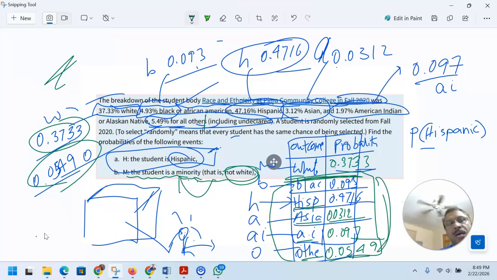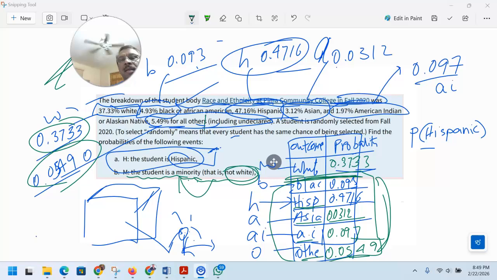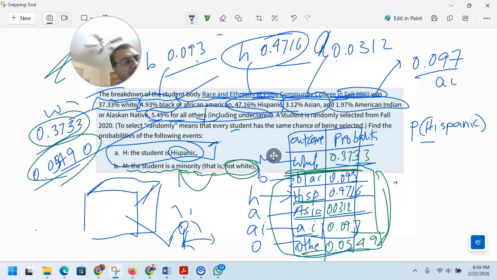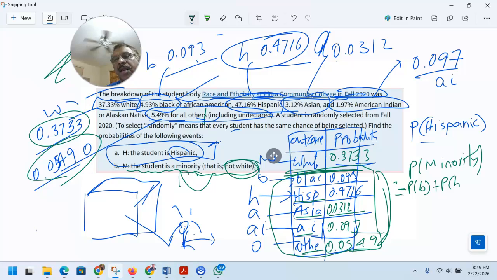So you just have to add all of these. The probability that the student is a minority is the probability that he can be Black, or Hispanic, plus Asian, plus American Indian, plus other.